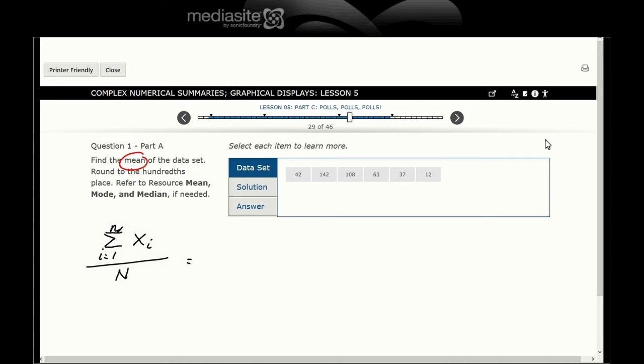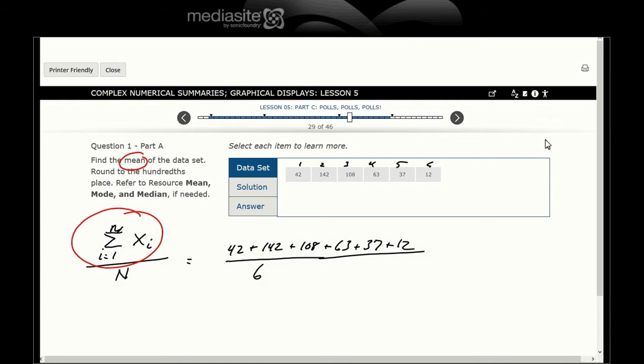So in our case, we have 1, 2, 3, 4, 5, 6. 6 numbers to be added, and on the top we're just going to add them all up. So sum up all the values we have and divide by how many we have.